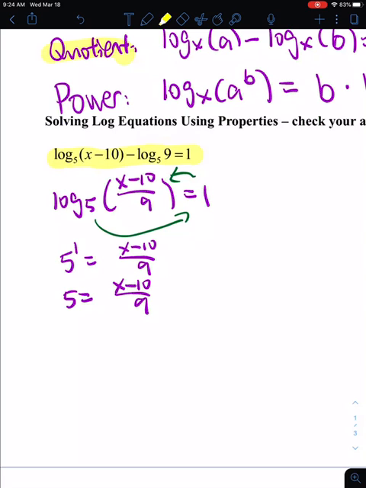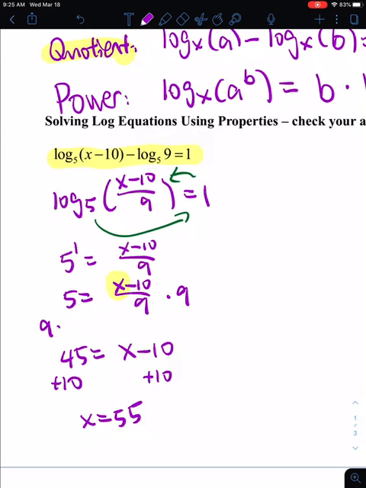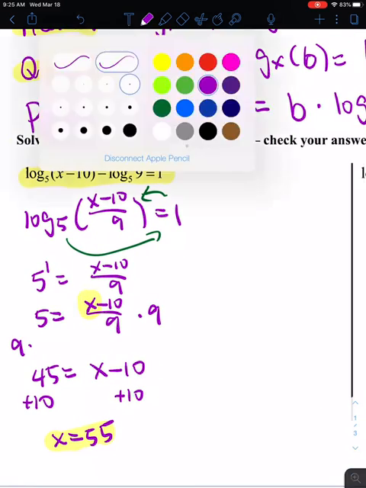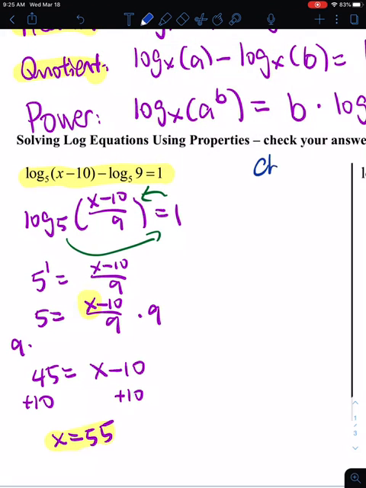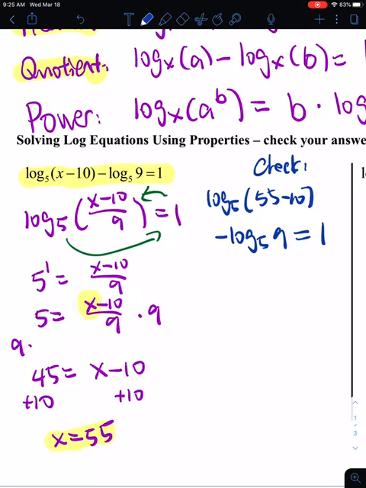And then to get x by itself, right, because that's always the goal, to get x by itself, we can times 9 on both sides. I get 45 equals x minus 10 plus 10. So it looks like I get x equals 55. But again, it's always a good idea to make sure you check your work. So I can do that over here. So log base 5 of 55 minus 10 minus log base 5 of 9 equals 1.